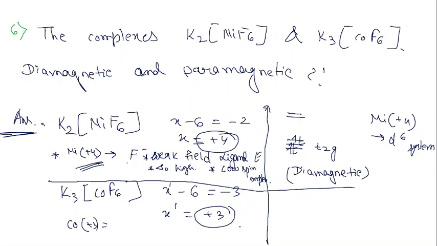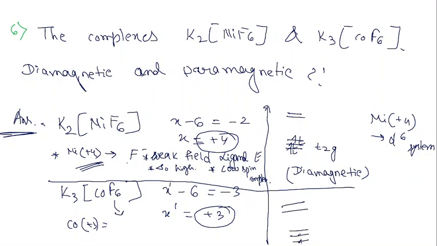Now in this case, cobalt 3+ always forms low spin complexes, if you know a little bit, but here it is not valid. Here the ligand is a weak field ligand. When it is coordinated to water, that is the only exception where it can form a low spin complex, but here it will form a high spin complex.